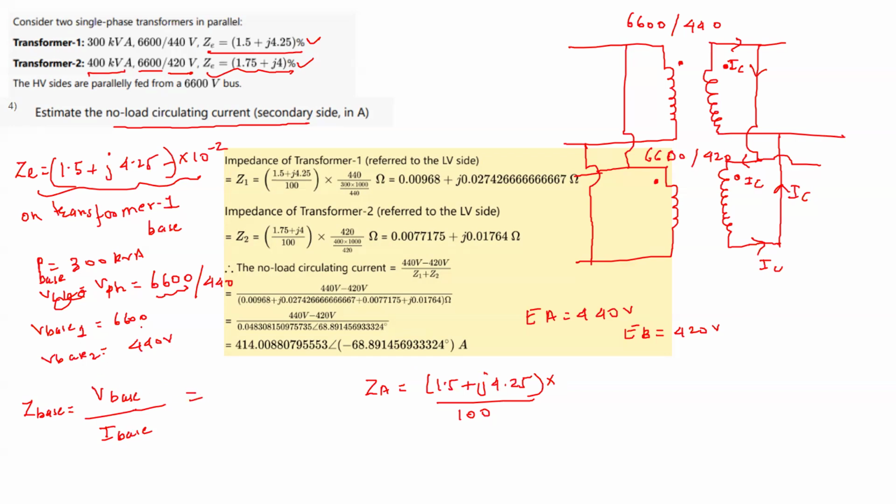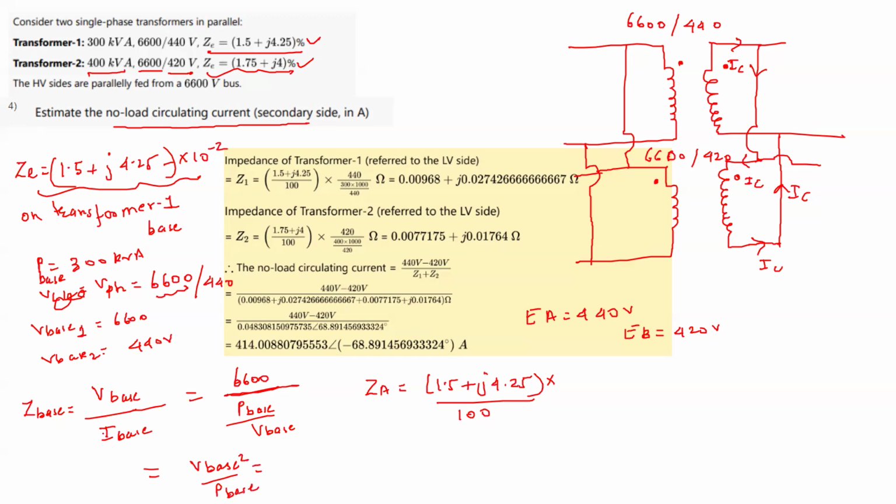The voltage base is 6600. And what is the current base? Current base is nothing but power base by voltage base, because V into I is power. Power base is known, so this is how I find it. So this becomes V base square by P base.